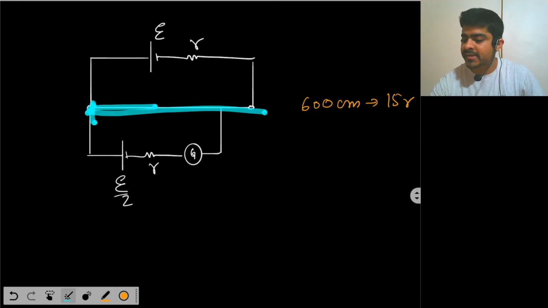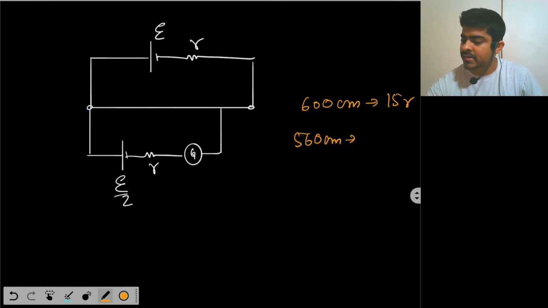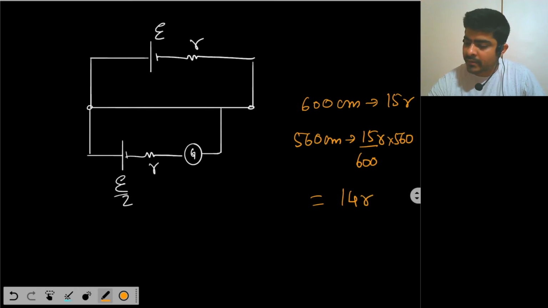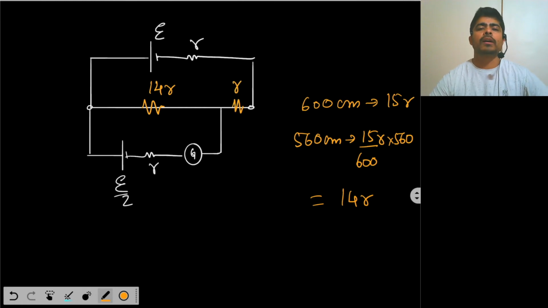So for 560 centimeter, the resistance will be 15 by 600 R into 560. So that is equal to 14R. So here my resistance will be 14R. This resistance will be only equal to R.